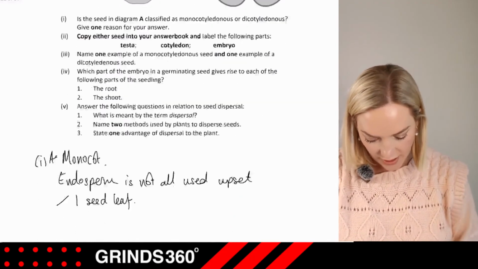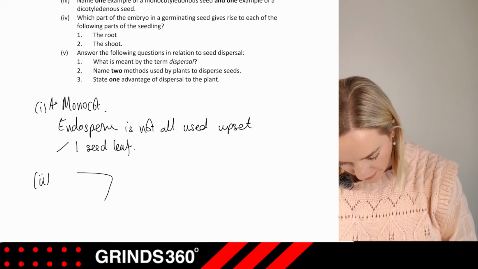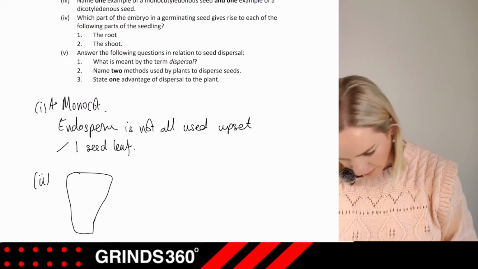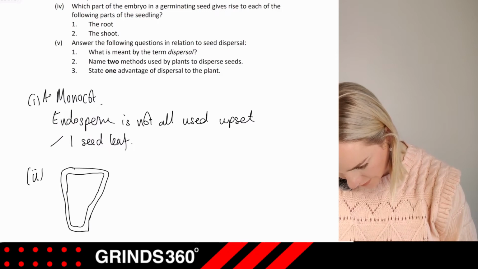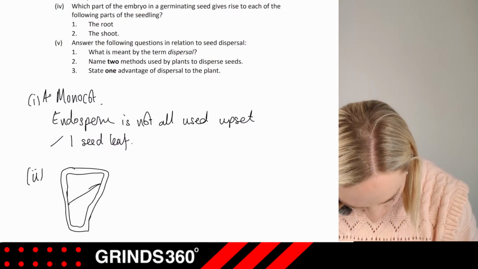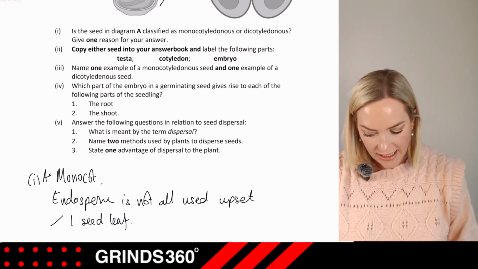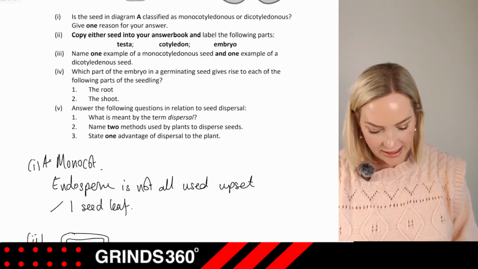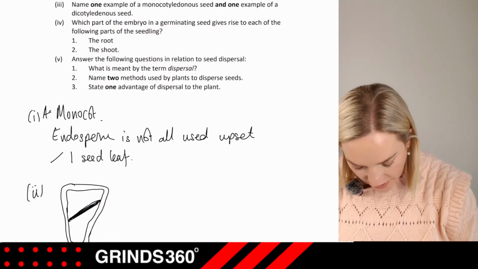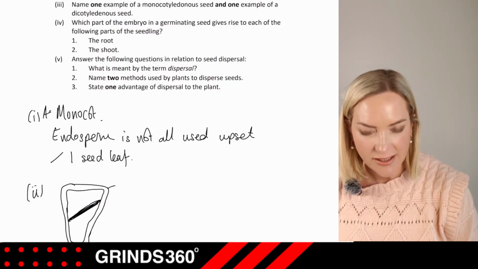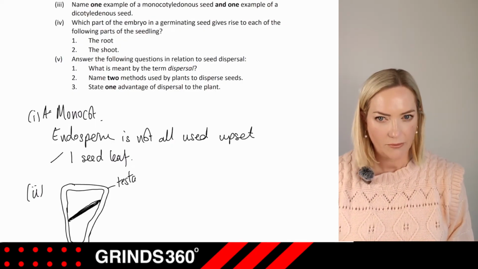I'm just going to copy here A, number 2. Again, I'm going to put a line through here. It's telling us to label the testa, the cotyledon, and the embryo. My testa here, I'll try and do both. Your testa is here for your monocot.